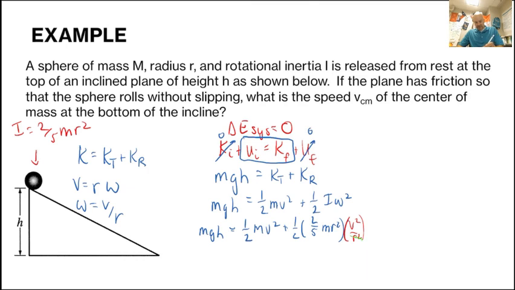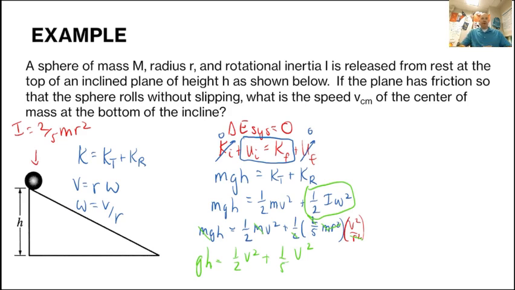Cancel the r squares. All these masses cancel out. This 2 cancels that 2. And so you end up with gh equals 1/2 v squared plus 1/5 v squared. Note that you can write 1/2 I omega squared in terms of v squared, in terms of linear quantities.